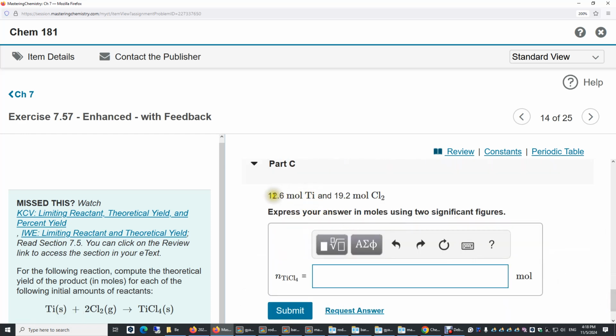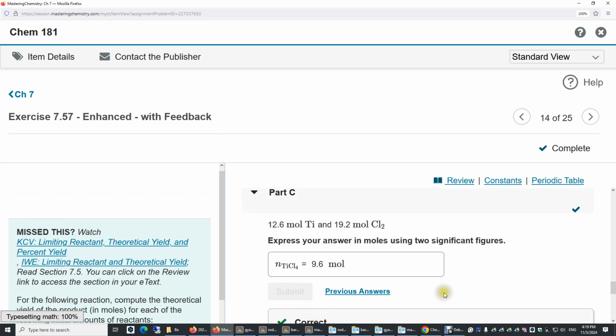Same here. Over here, from titanium, we will get 12.6 moles of titanium tetrachloride, and from this value we'll get 1/2 of 19.2, which is 9.6. So 9.6 is the theoretical yield.